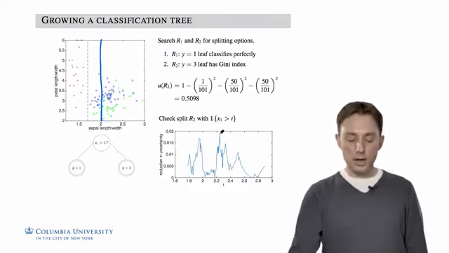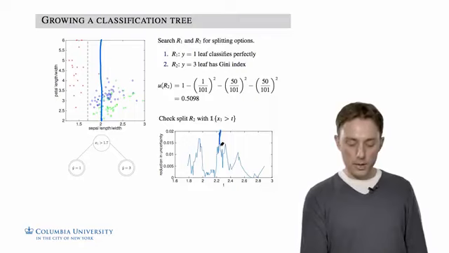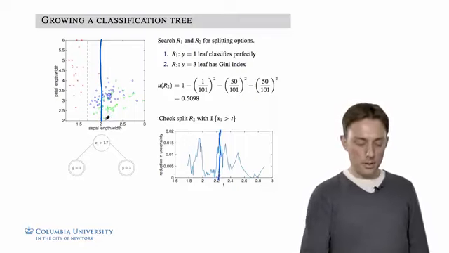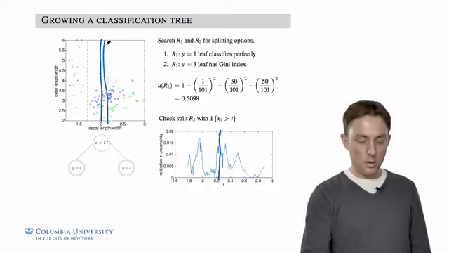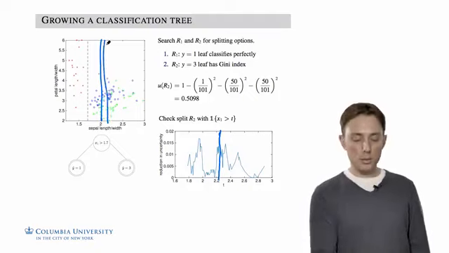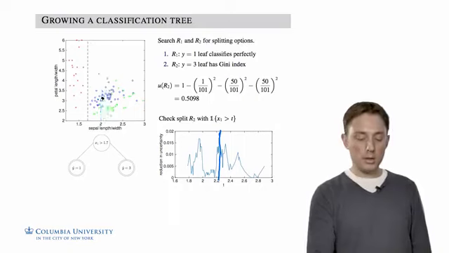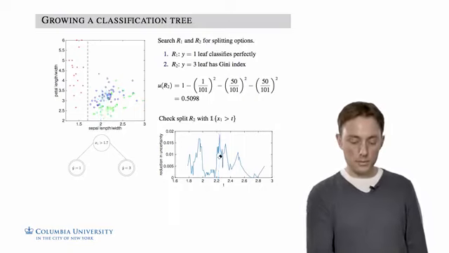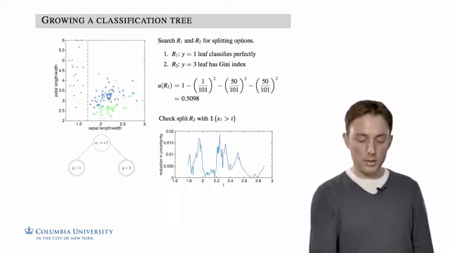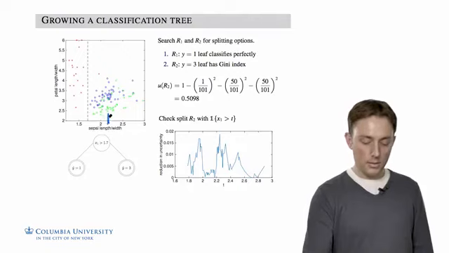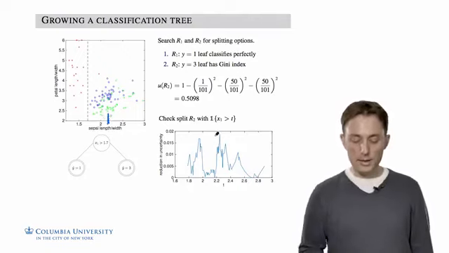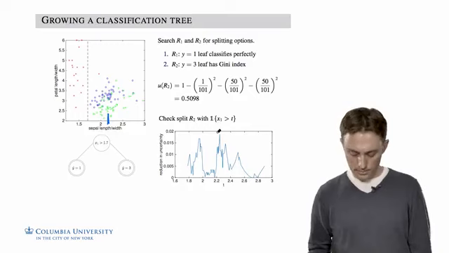We look at the largest value. So for example, right here at about 2.25 corresponds to the best split if we were to split along this first dimension. So the best split for this first dimension is right about here, and we get that magnitude of a reduction.